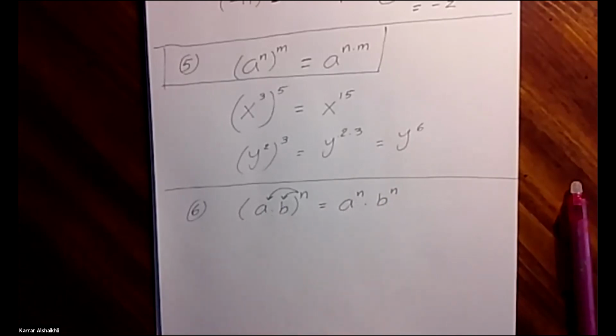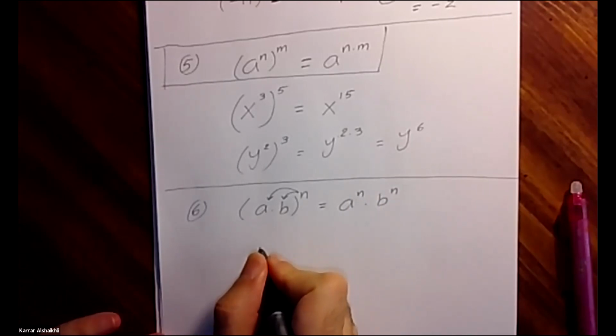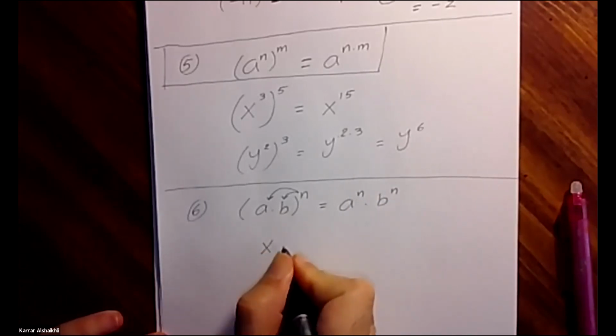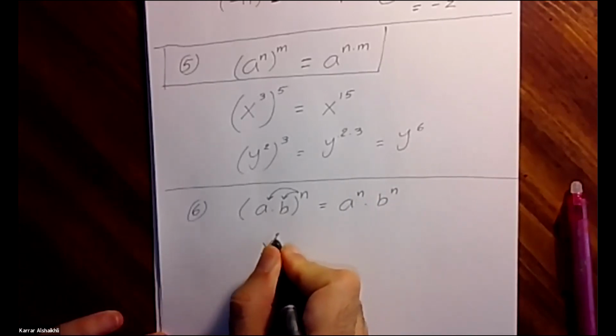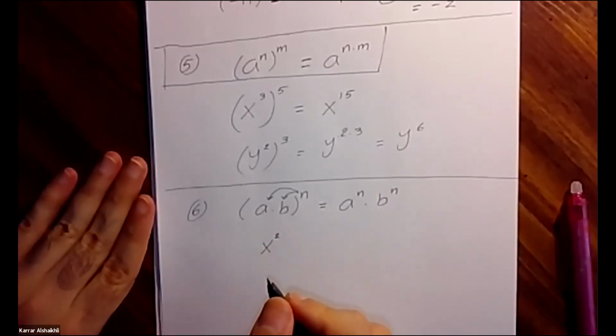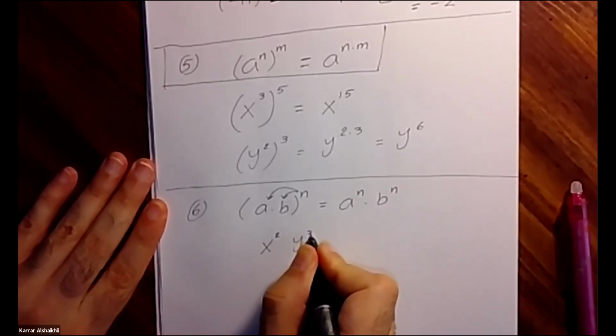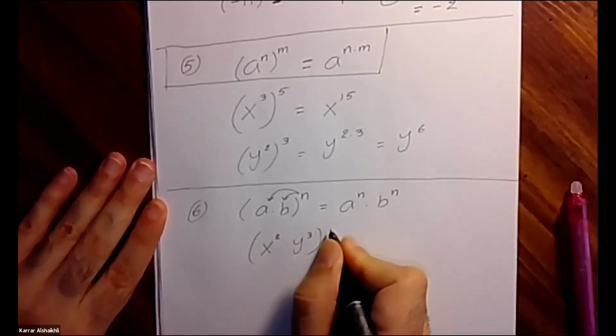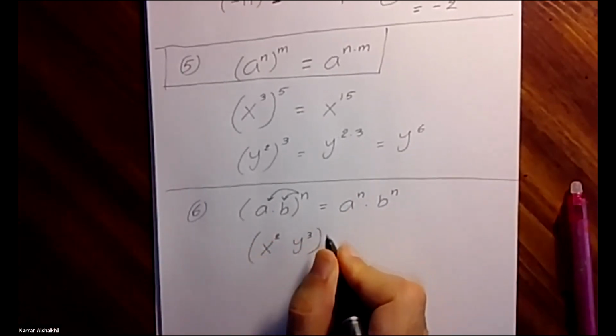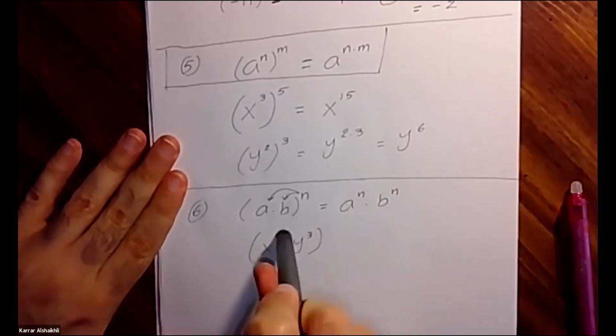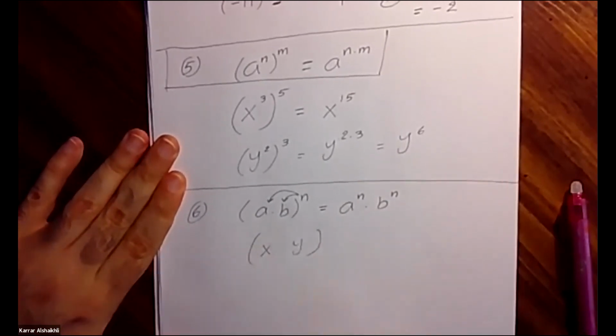Example for that, we have x squared y cubed, and we have to do this one later because this one is 2 steps.